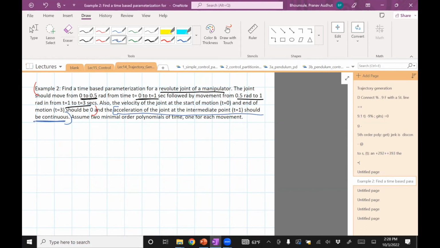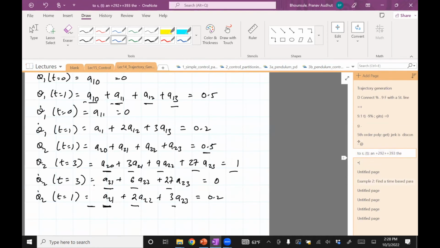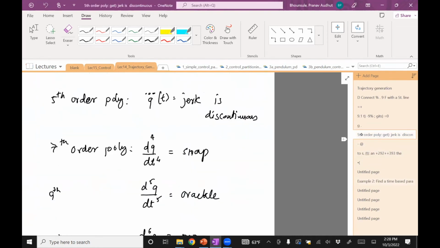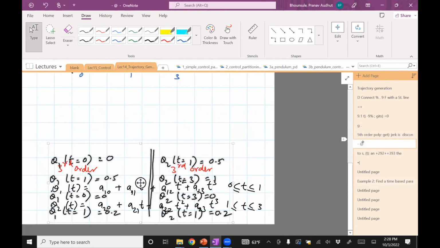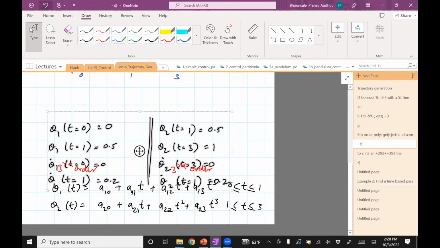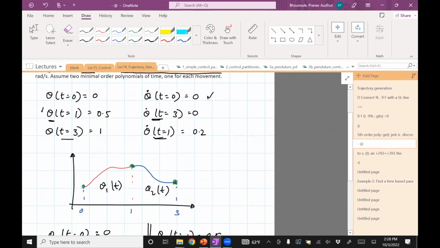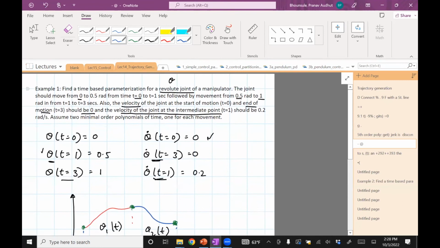So that's the only difference between this problem and the thing in blue versus this one. So I just changed this condition.